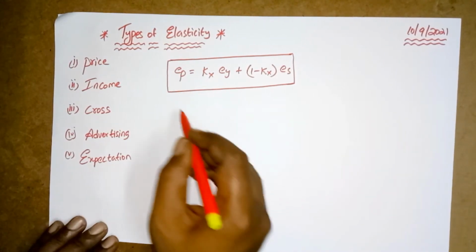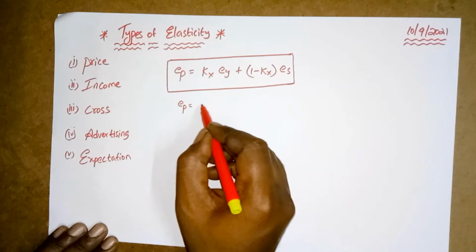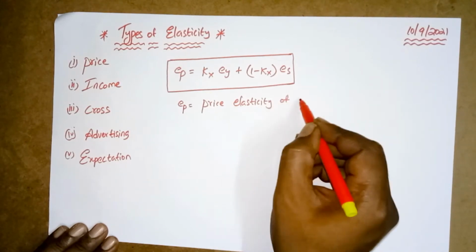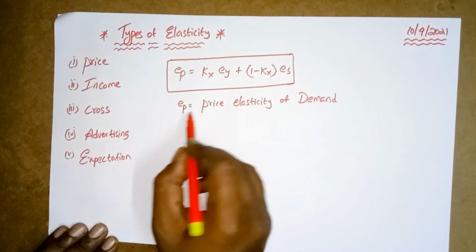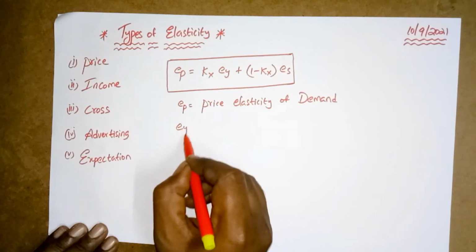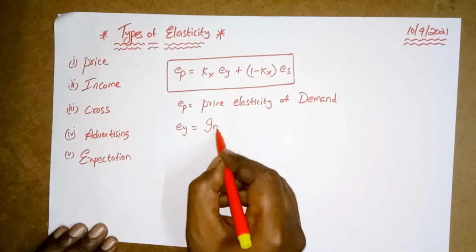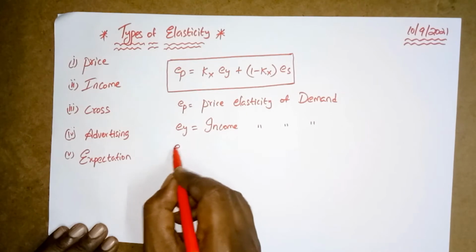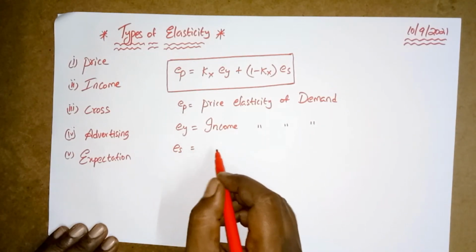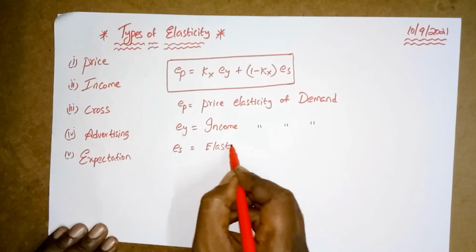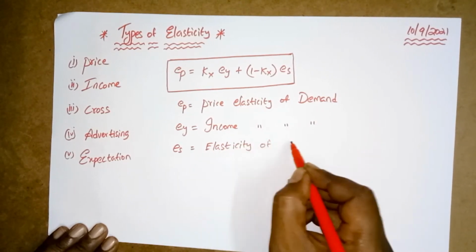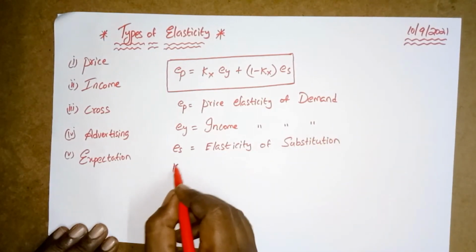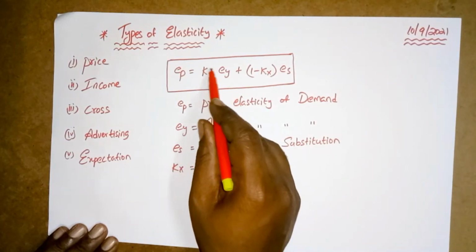EP is the price elasticity of demand, EY is the income elasticity of demand, and ES is the elasticity of substitution. And what is the meaning of KX?